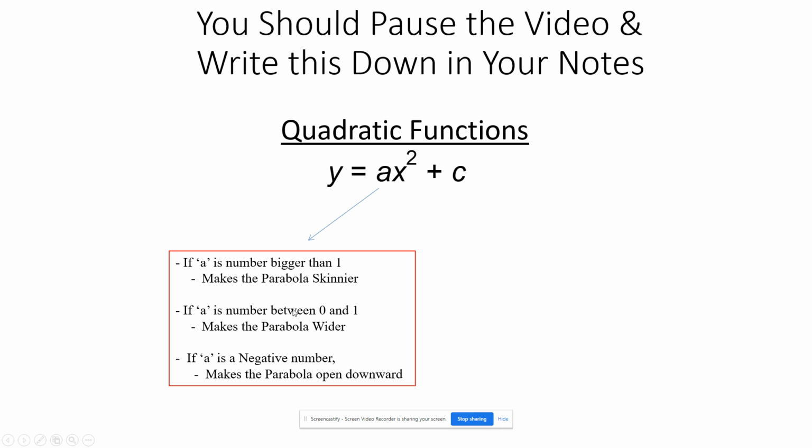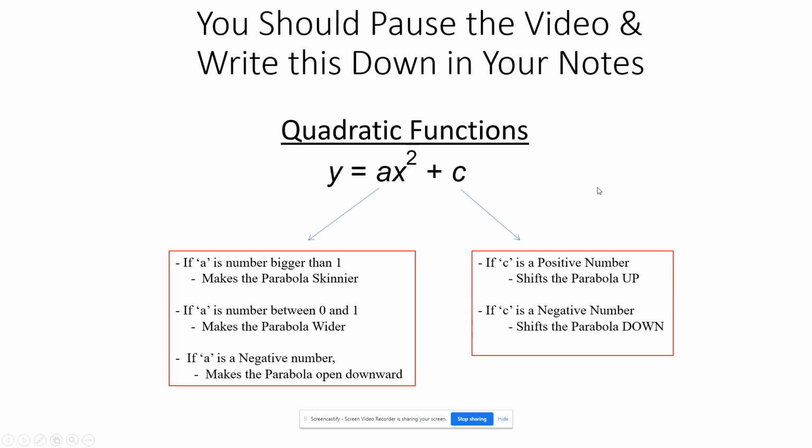Now let's talk about c. c affects the graph in two ways. If the c is a positive number like +5, it makes the parabola go up 5. So instead of starting at 0, 0, it's going to start at 0, 5. If the c is a negative number, let's say this was -3, it's going to shift the parabola down. It doesn't make the parabola a negative.